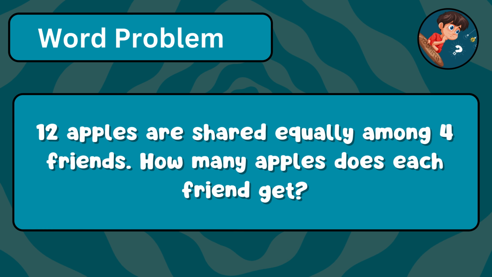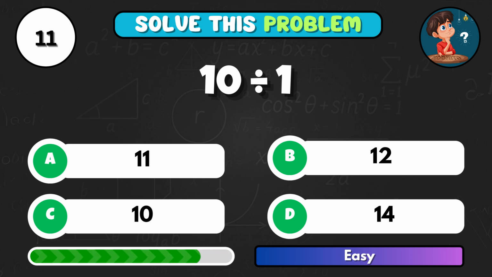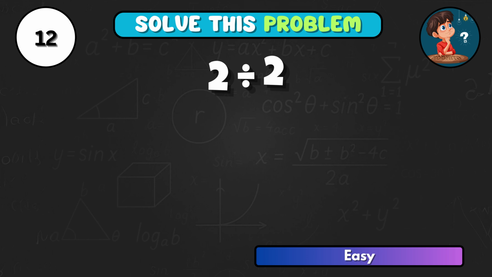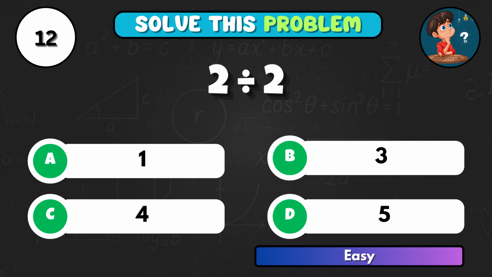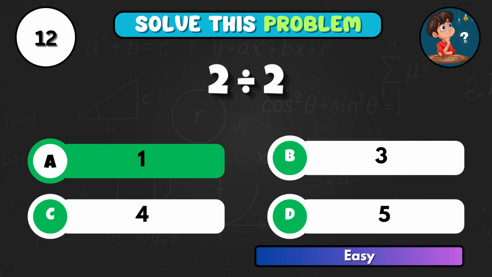And finally, 10 divided by 1 equals? The solution is C, 10. Let's try 2 divided by 2. What answer do you get? The correct answer is A, 1.